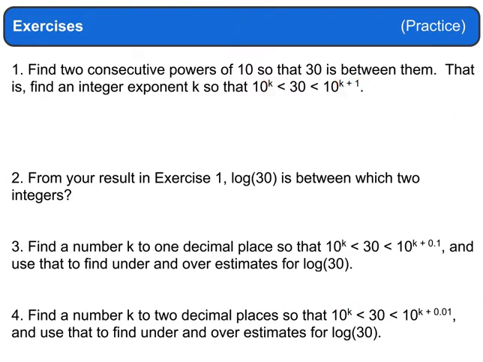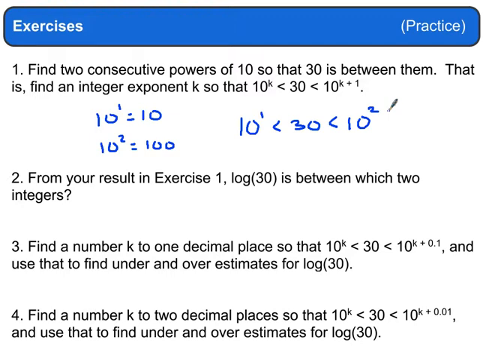When we solve this one, if we tried 10 to the first power, we would get 10. If we tried 10 to the second power, that would be 100. So 10 is below 30 and 100 is above 30. Our statement would say 10 to the first power is less than 30, which is less than 10 to the second power.